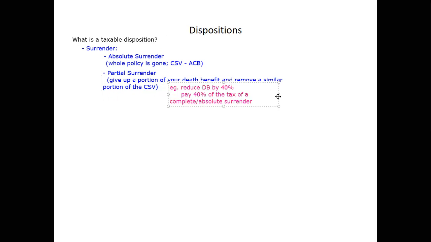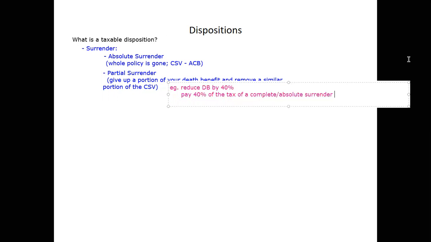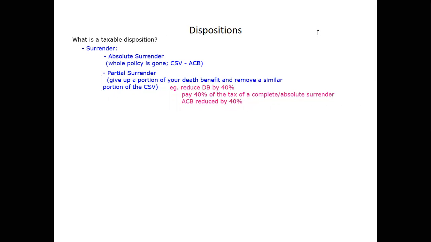Okay, you would have your ACB reduced by 40%. Okay, everything would be 40%. That's good? Oh, and you would get 40% of the cash.